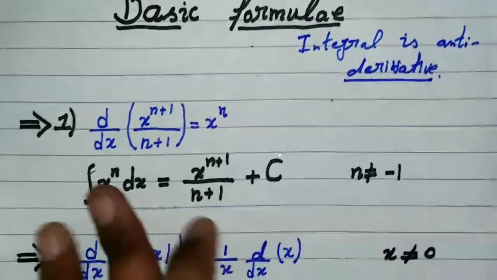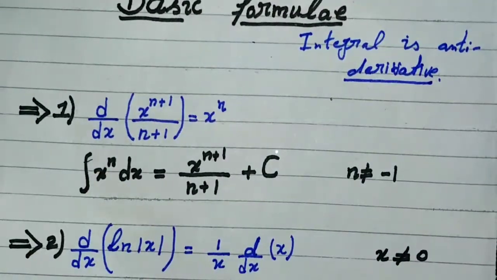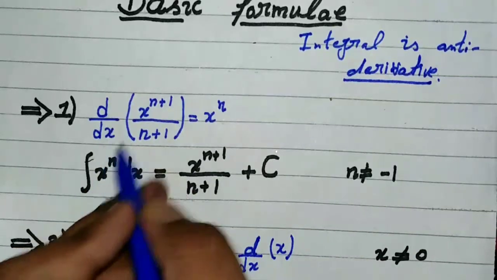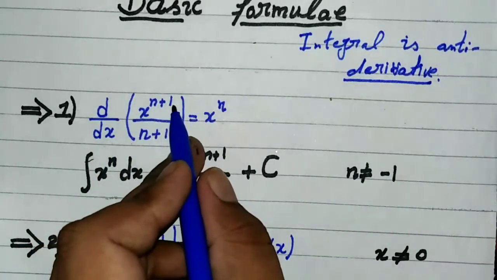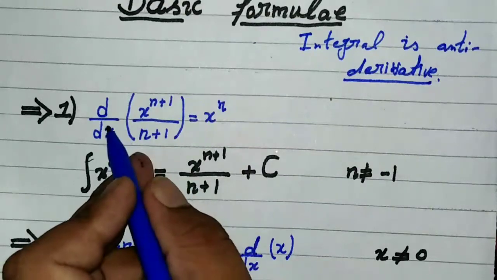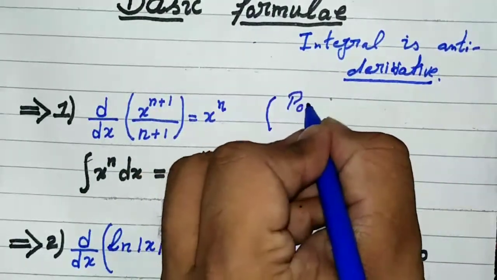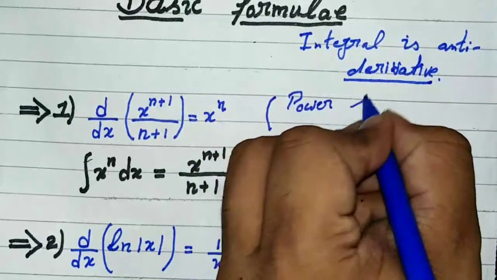As we will see in all the formulas, here is the derivative of x raised to power n plus 1 divided by n plus 1, by using the power formula in derivative.